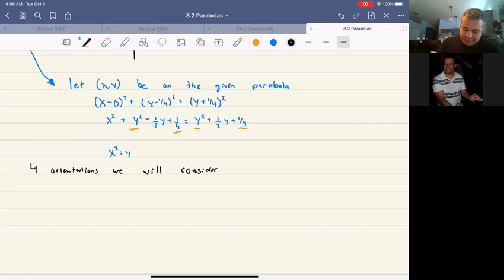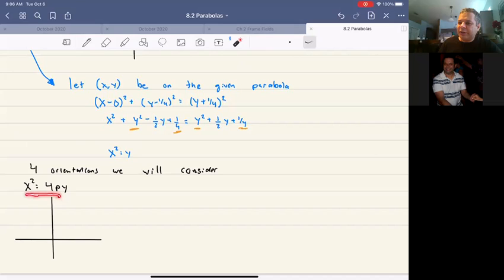The first one is just like the one we did. Let's make sure, I always get a little confused. So x squared equals 4py. This should be like y equals x squared, so it's going to have this orientation.